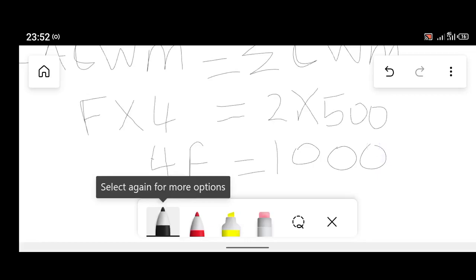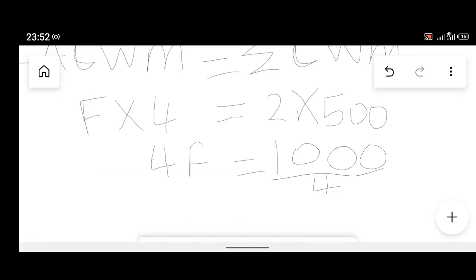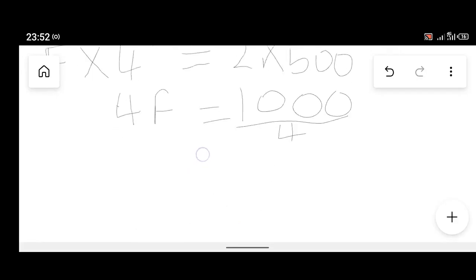Okay, what do you do to find the value of F? You simply divide by 4 on both sides. So here we can divide by 4. Also here we can divide by 4. Let me just move this in front for space.